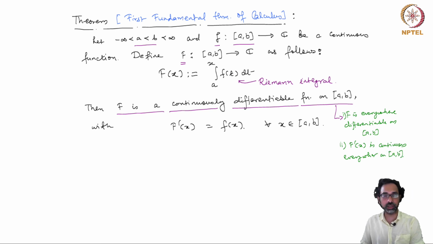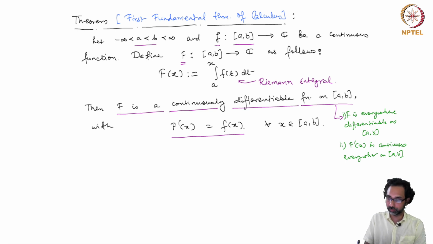So it's continuous at all points of [a, b]. So this is what we mean when we say that capital F is a continuously differentiable function on [a, b], with the derivative F'(x). First of all, it's a differentiable function, so the derivative exists everywhere, and the derivative is precisely the function small f that we began with, and this is true for all x in [a, b].